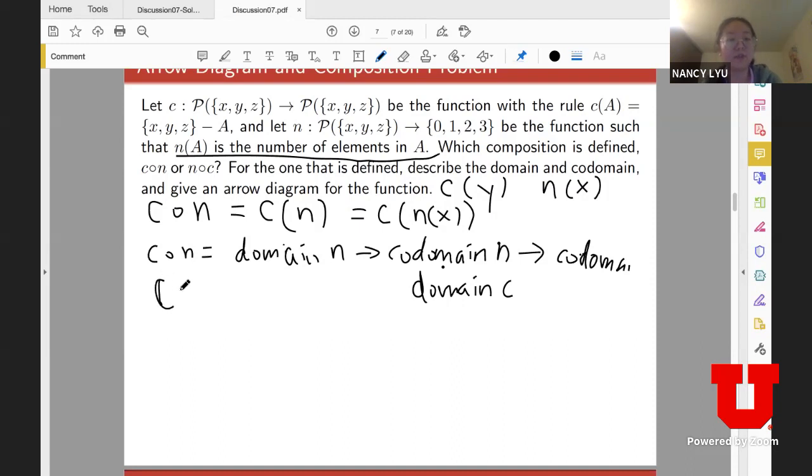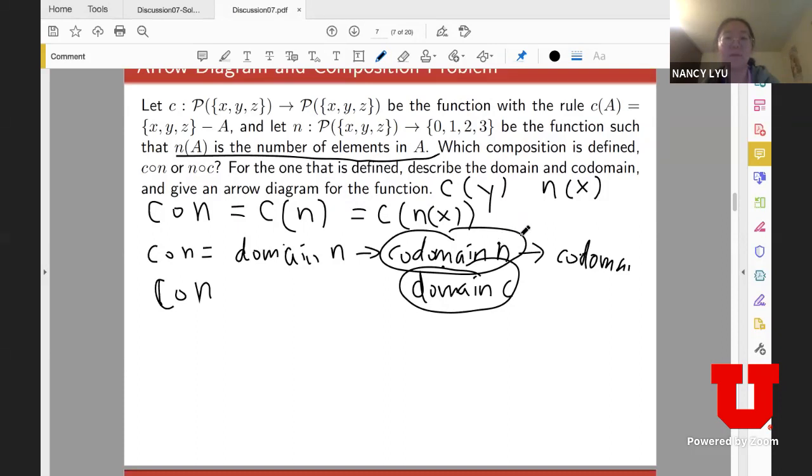If we're going to do CN, that means we compute the number of elements in A first. To see which one is defined, we need to check if the codomain of N matches the domain of C. So what is the domain of N?